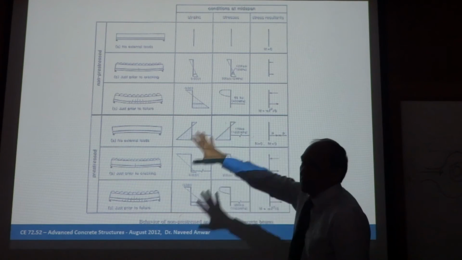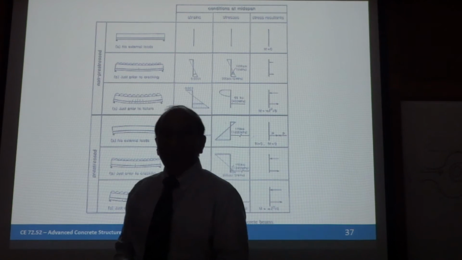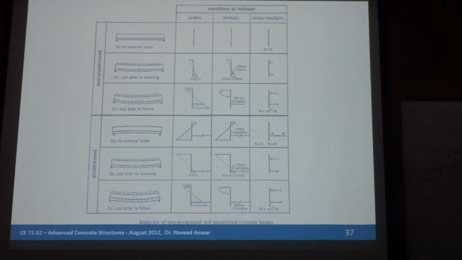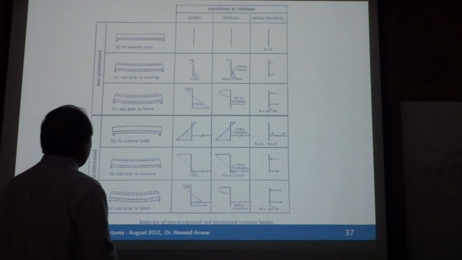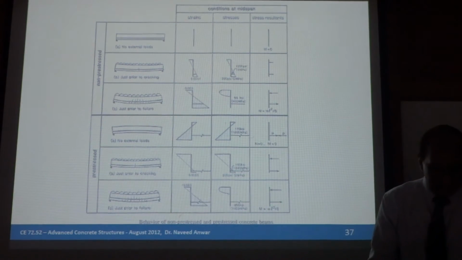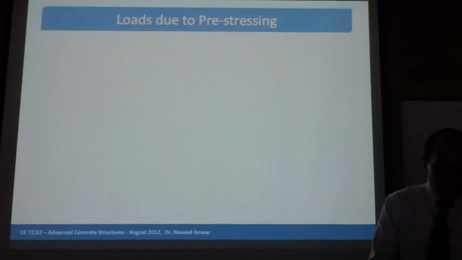So this gives you a complete picture of the beam behavior in various stress states, right? It gives you a summary of what is happening inside a pre-stressed and normally reinforced concrete beam. So you can study a little bit more. Basically, it's just explaining what we have already seen.